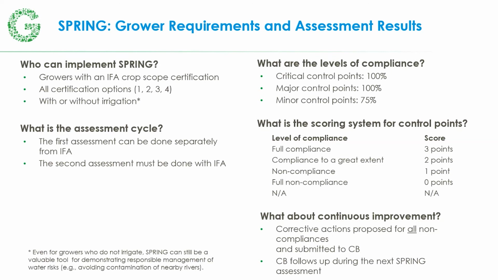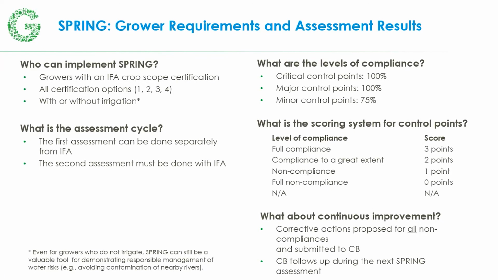The levels of the requirements are critical, major, and minor. Okay? To be approved, the producer must comply with 100% of the critical points the day of the assessment, because critical points cannot be corrected.